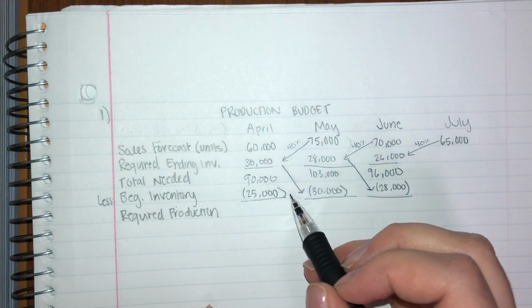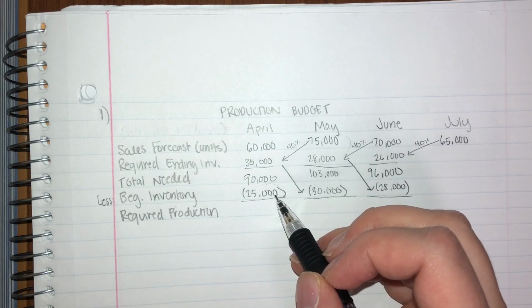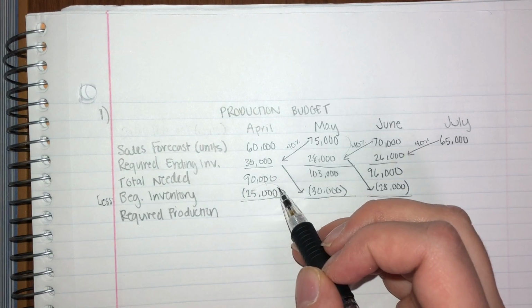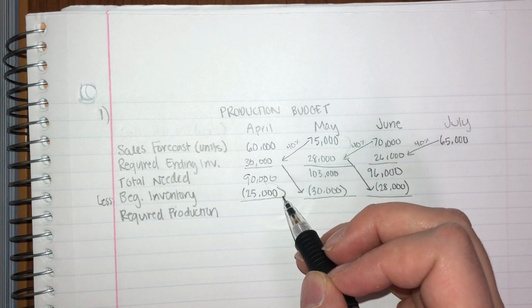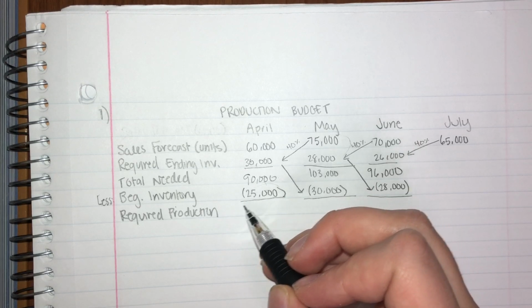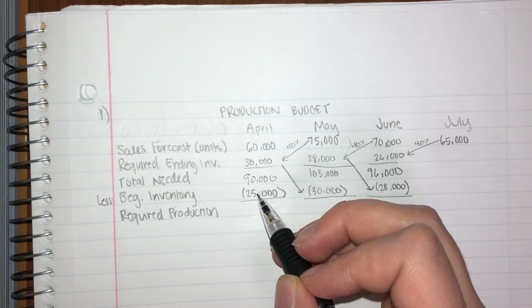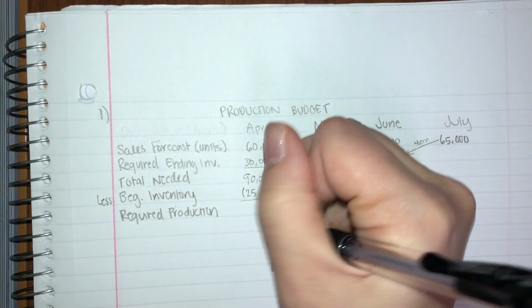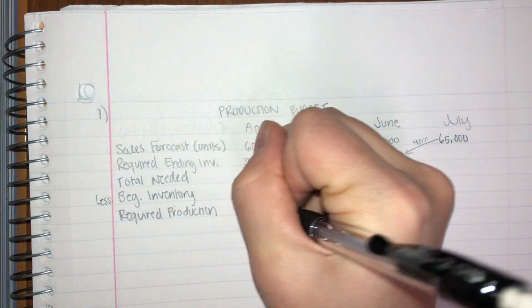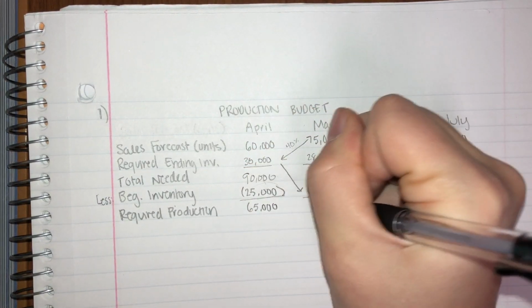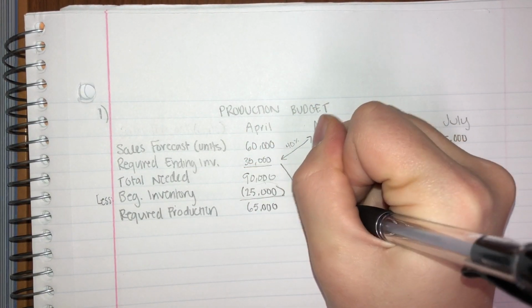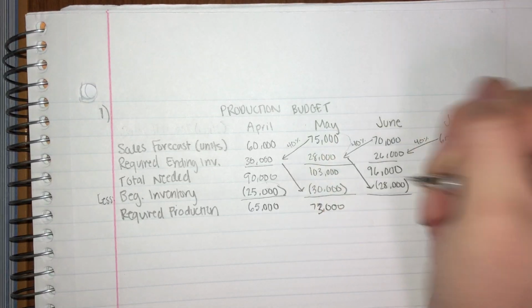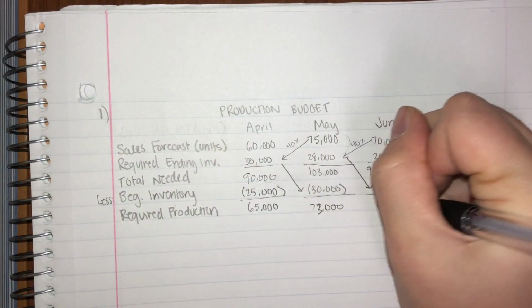Because I had my beginning inventory, I already made those, so I wouldn't need to make 25,000 extra. So I want to take those out because I already have them. So this would give me 65,000 and then 73 for right here. Ooh, I didn't do that right. 73,000 and then 68,000 over here.